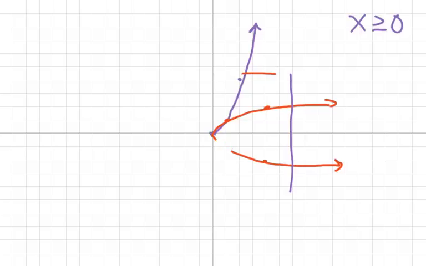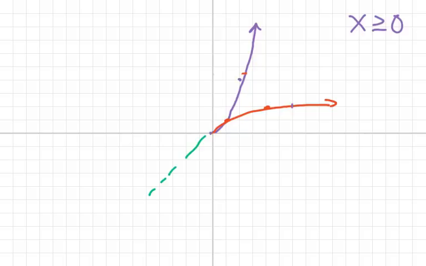Therefore, we won't have this part down in here, and this would be your inverse function. And it reflects over the y equals x, and I'm just casually graphing it. So this line here is y equals x.